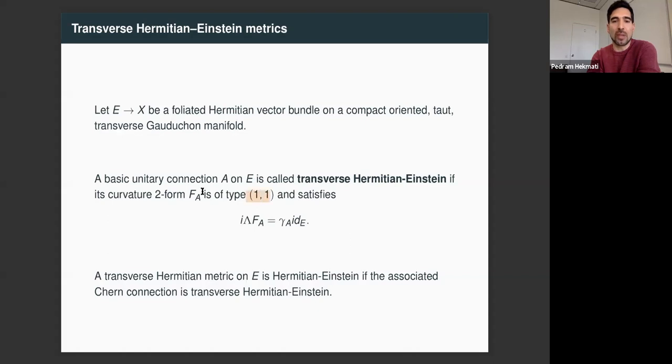Being type (1,1) means that you equip the bundle with a holomorphic structure and it satisfies the usual Hermitian-Einstein condition, but everything is foliated now, so these are basic connections. And we say that the metric is transverse Hermitian-Einstein if its associated Chern connection satisfies the Hermitian-Einstein equation.